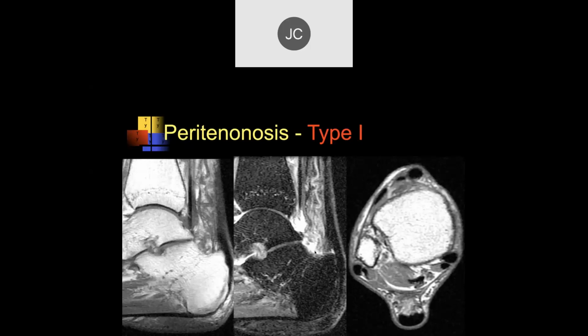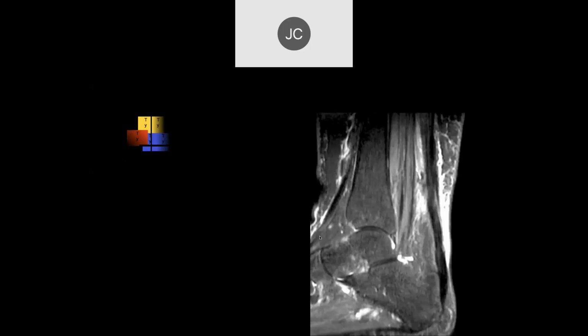And we get either inflammatory disease or chronic injury patterns with scarring. You can have loss of the normal fat signal here, and it's called peritenonosis. And this is kind of the type 1 lowest grade injury that you can have in this particular area.